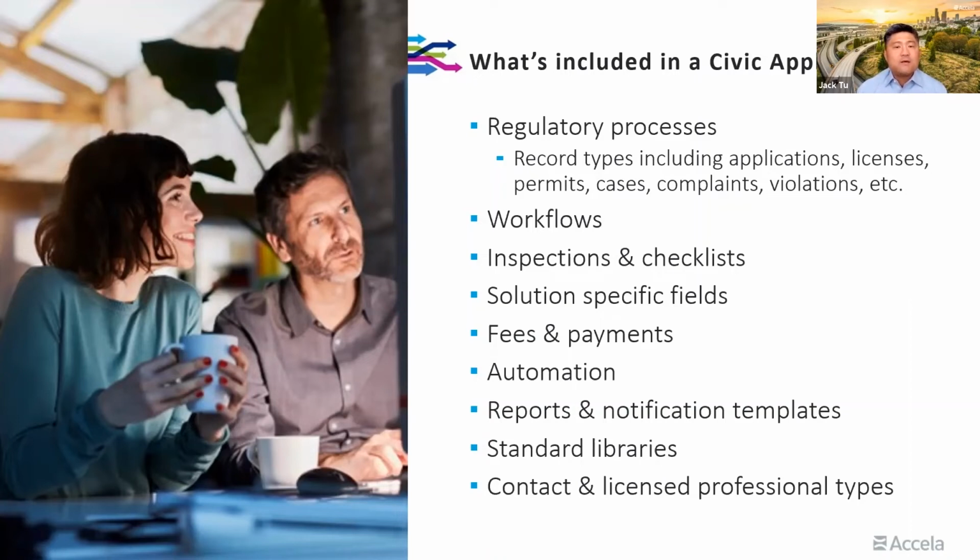So there's going to be a list of components that you would be able to reuse instead of having to reconfigure these things. And then lastly here, contacts and licensed professional types. So basically we'll have certain license and contact types that we've seen through our implementations being leveraged.